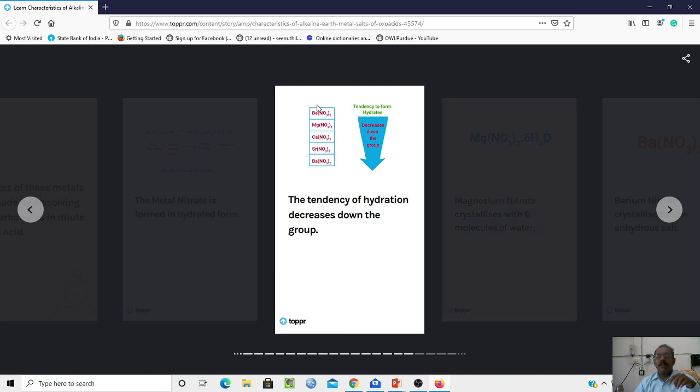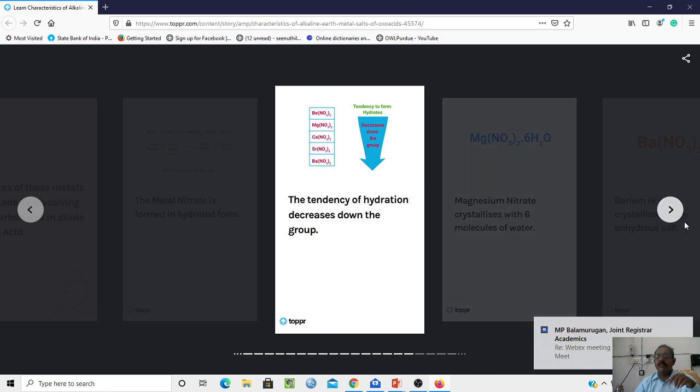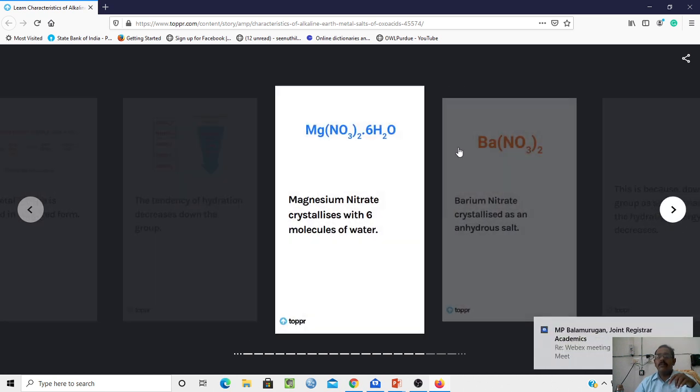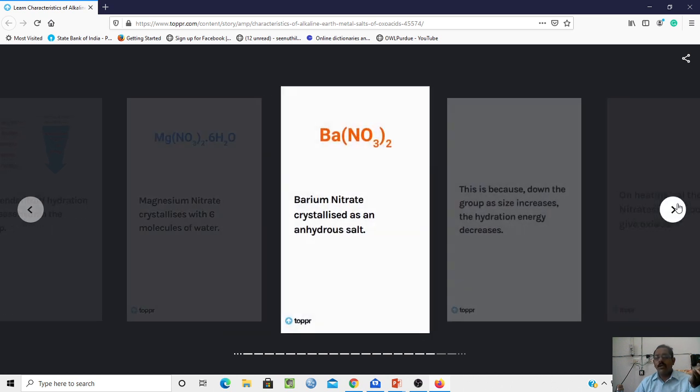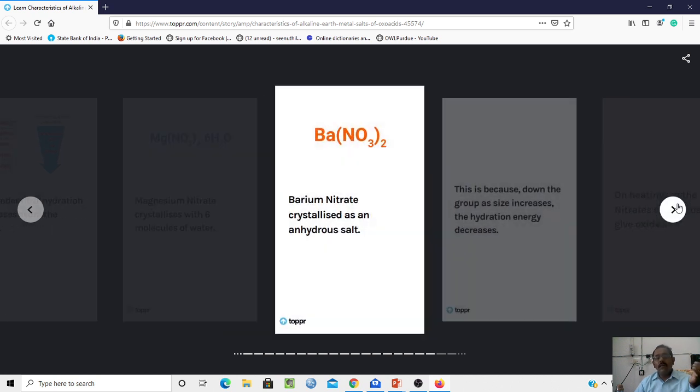Therefore, beryllium nitrate forms more hydrates than barium nitrate. Magnesium nitrate takes six molecules of water, whereas barium nitrate does not take any water. It is anhydrous barium nitrate.